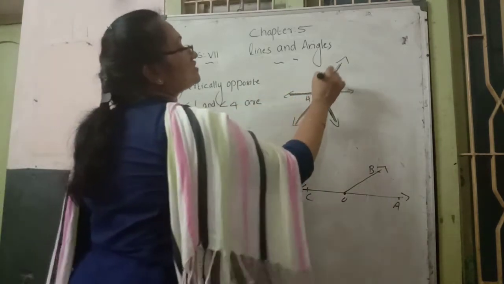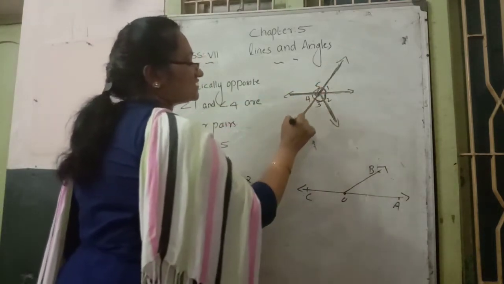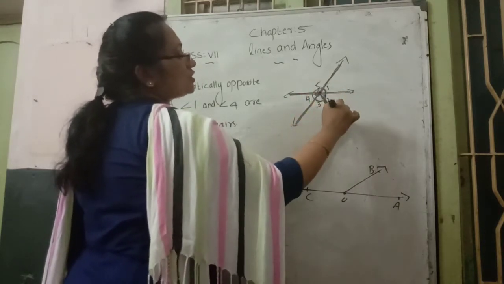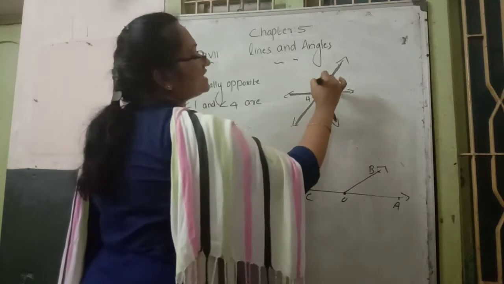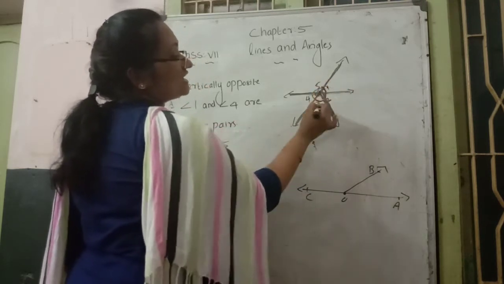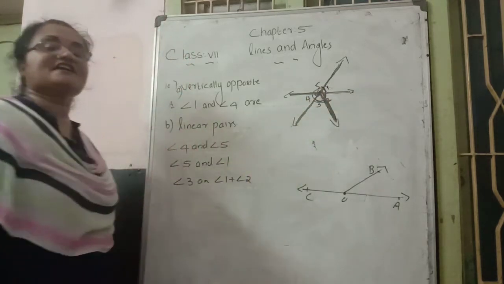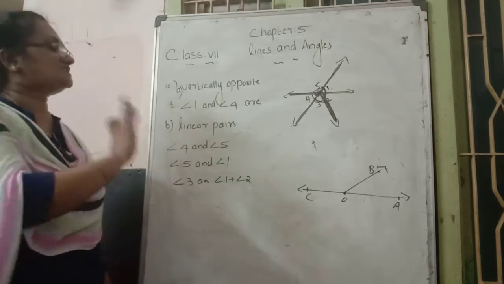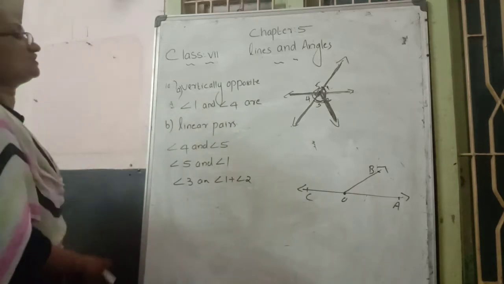From here to here is one common arm, this one is our second arm, and this part is our common arm. Here the two angles 1 and 2 are together only, and 3 is alone only. So angle 1 plus angle 2 and angle 3 are the linear pair. This is the linear pair. This is the 10th question.